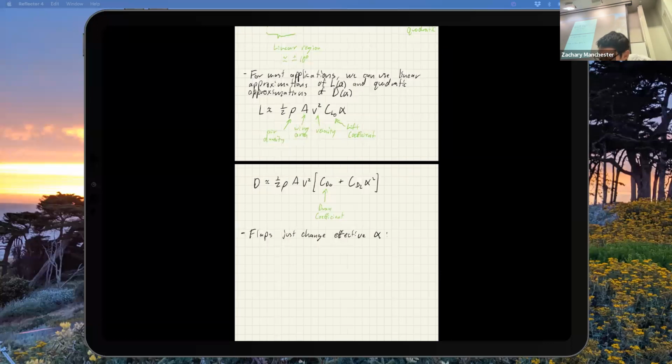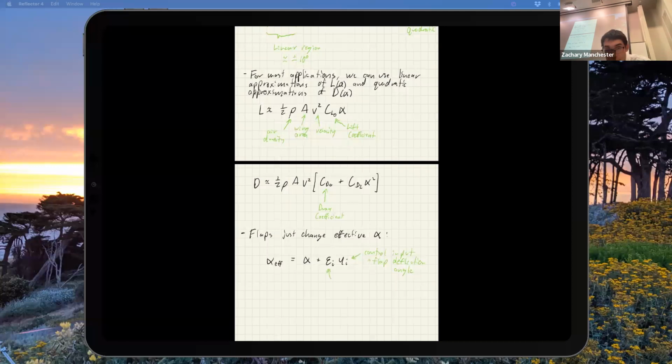You got alpha effective equals alpha plus epsilon_i times u_i. This would be your control input, like your flap deflection angle for elevator, rudder, whatever.